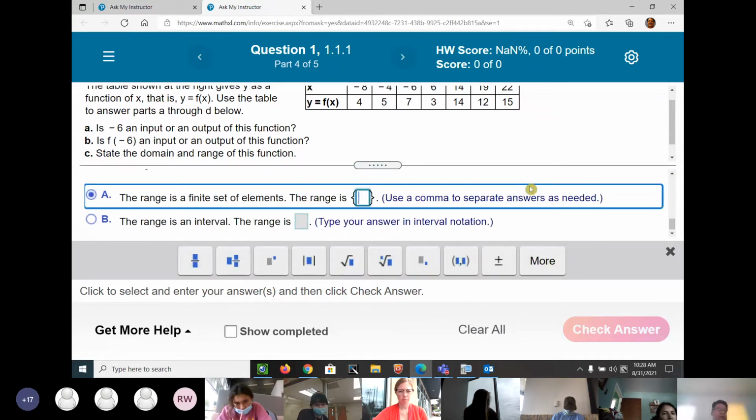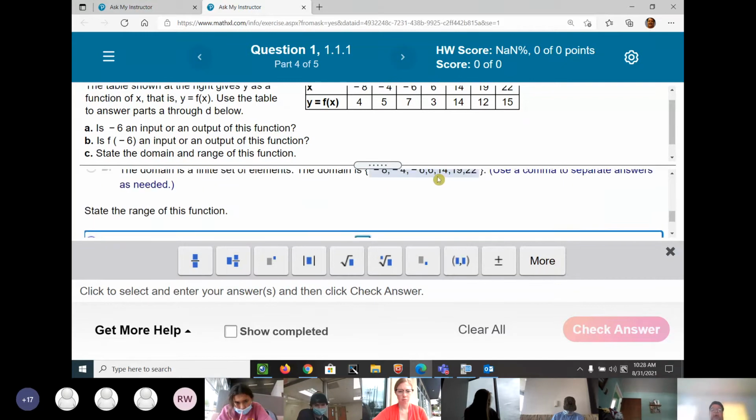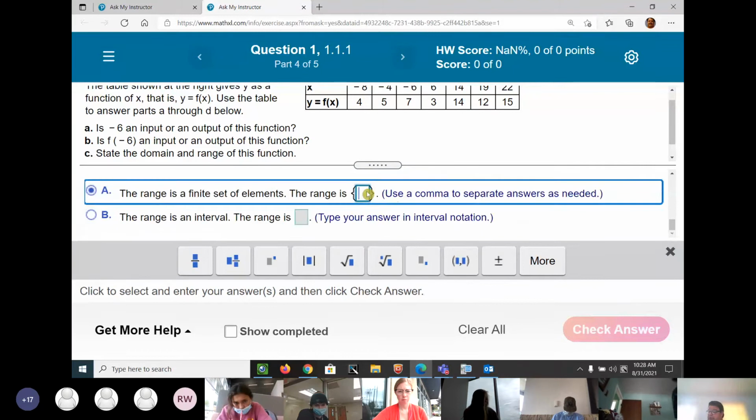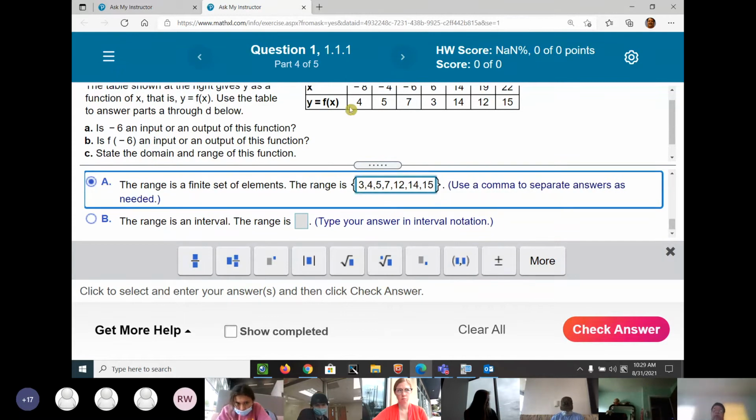So I've got to go in and type in just like they did with brackets, and that's going to be what? 4, 5, 7, 3, 4, 5, 7, 12, 14, and 15. Or 3 to 15.